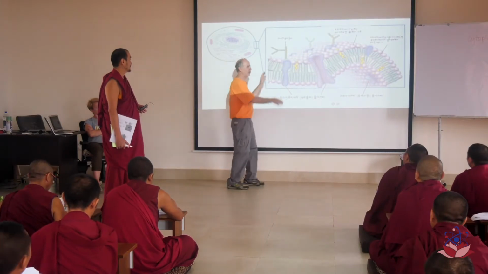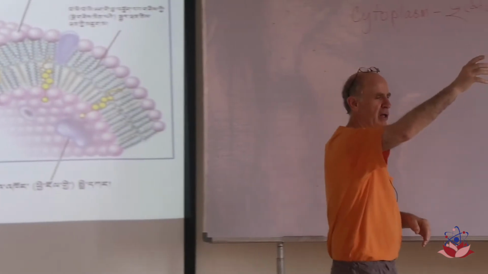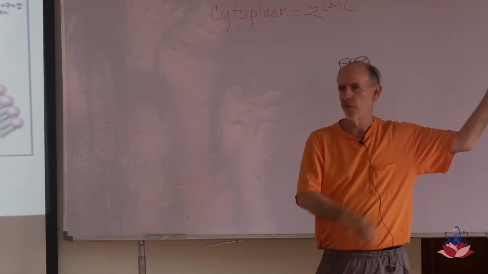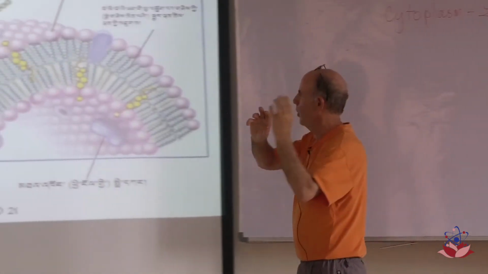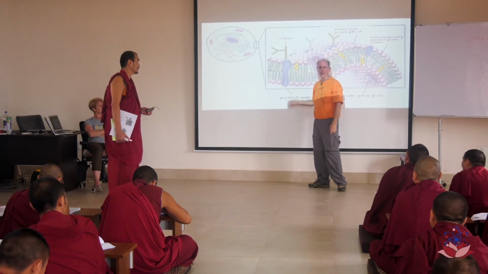And so if you're this cell, and there's a cell in a completely different part of the body, that cell may release a molecule. It travels through the bloodstream or somewhere, and some way, it hits this and tells this cell to do something.